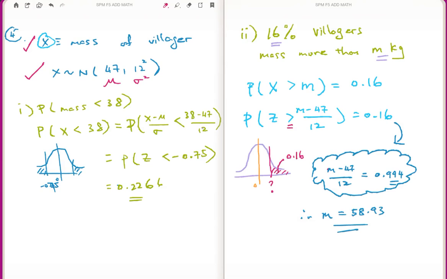Then you use the standard deviation to convert into a z-score, then get the answer. If you were given the probability, then you need to look for the z-score over here. I think that's all for this chapter.